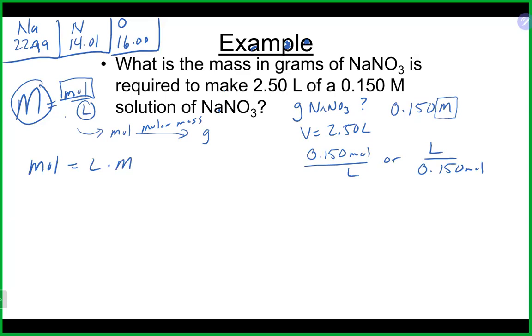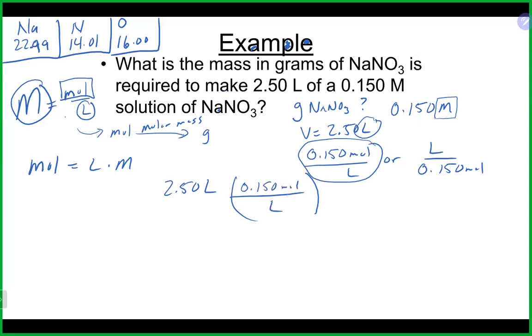Or if you don't even want to mess with that, you could take the dimensional analysis approach, which means I've got liters, so that's a good thing to start with. And again, opposites cancel, which means I need liters on the bottom, so I definitely want to use it in this direction. Now I don't really have to worry about the formula there. I am doing the rearrangement by just taking this approach.